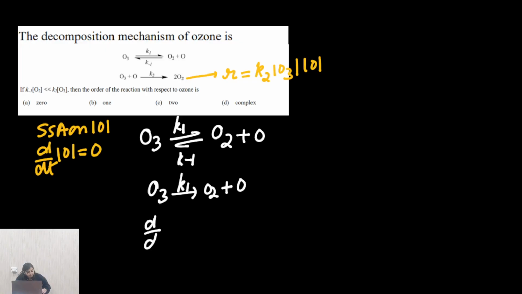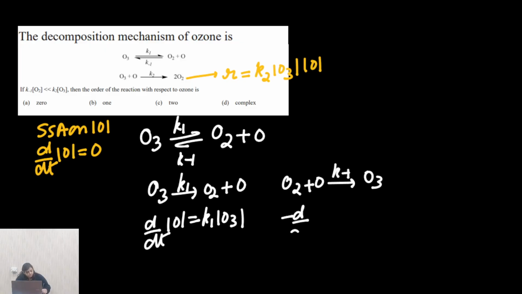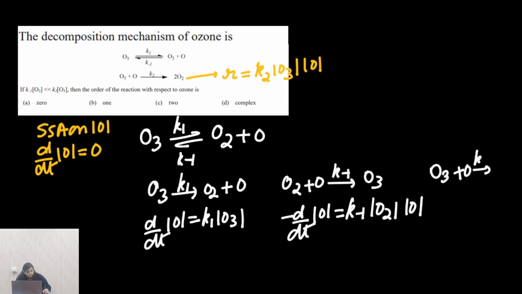So d by dt of O is equal to K1 times O3, right? In the second case, it is O2 plus O with the rate constant K inverse giving us O3. So minus d by dt of O will be equal to K inverse O2 into O, right? And the final one is O3 plus O with the rate constant K2 giving us 2O2.